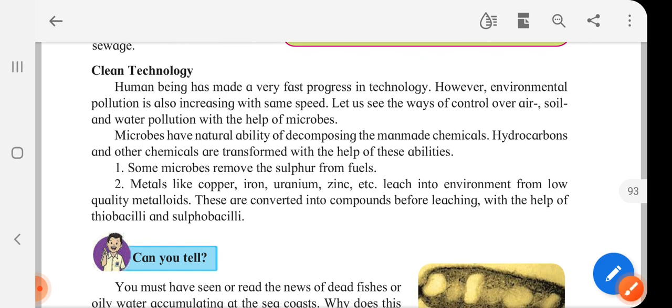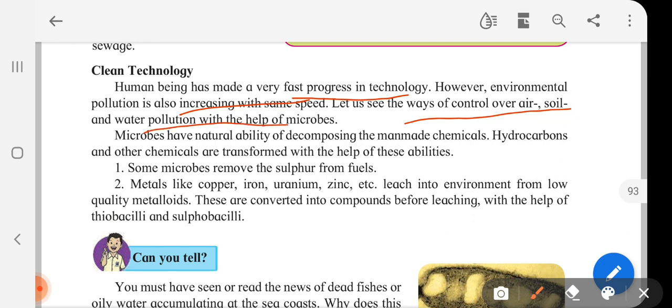So, clean technology. Humans have made very fast progress in technology. However, environmental pollution is also increasing at the same speed. So let us see the ways of controlling air, soil and water pollution with the help of microbes. Microbes have a natural ability to decompose man-made chemicals. Hydrocarbons and other chemicals are transformed with the help of these abilities.